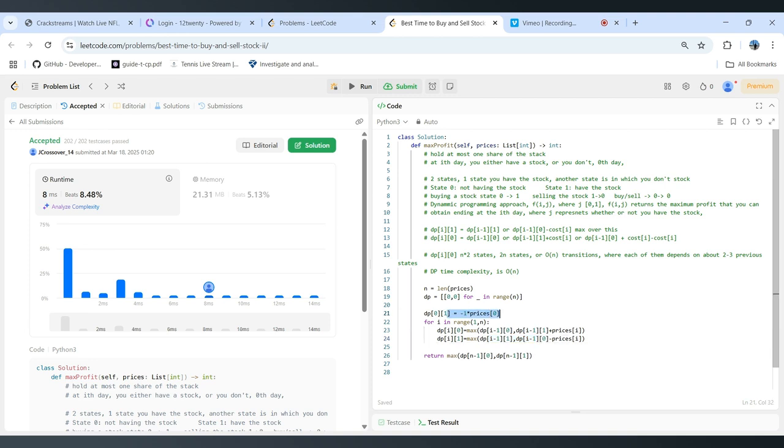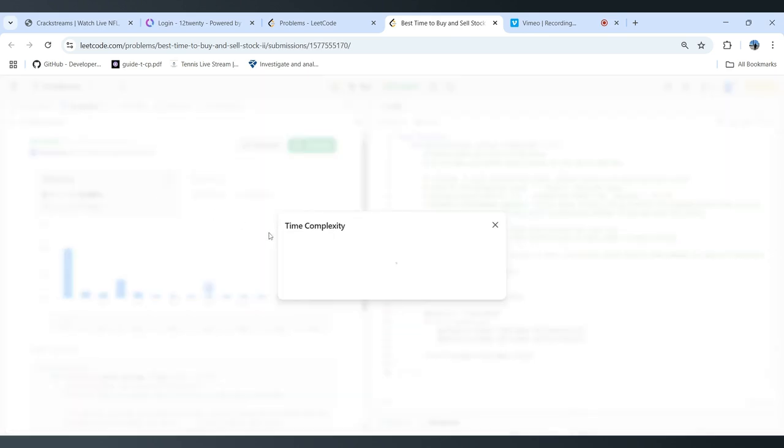Maybe only one-dimensional is enough. Like, for example, some of these use just 0 milliseconds. Should just give me O of n here. Yep.